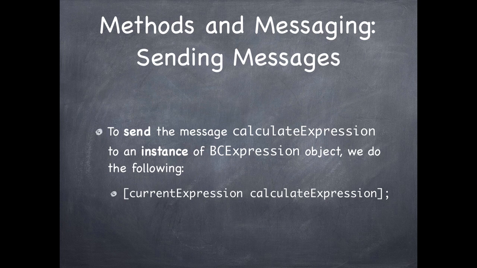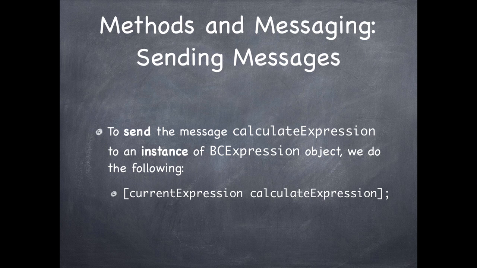So again, back from our first lecture, if I want to calculate the expression using an instance of BC expression, BC expression in this case, as you can see from here, is a class name. We have declared it, and if you think through the header file, I'll declare an instance variable called current expression.